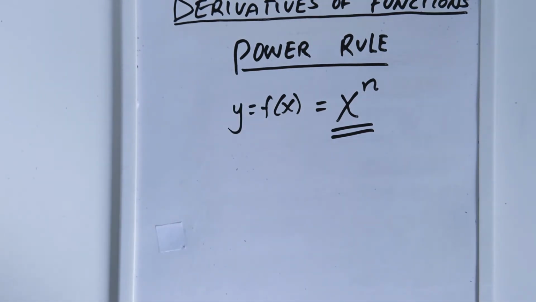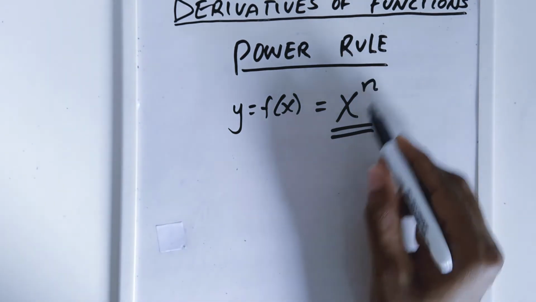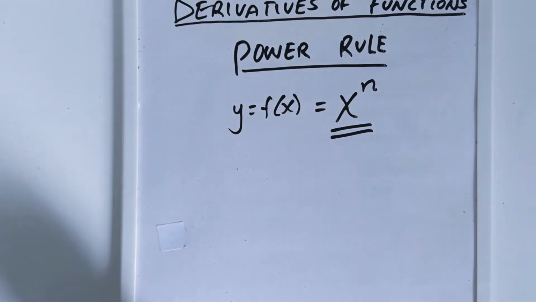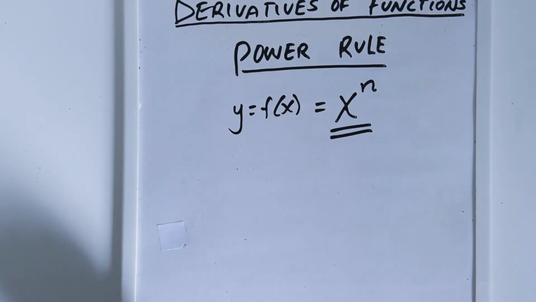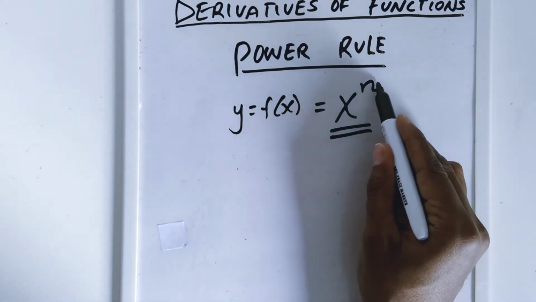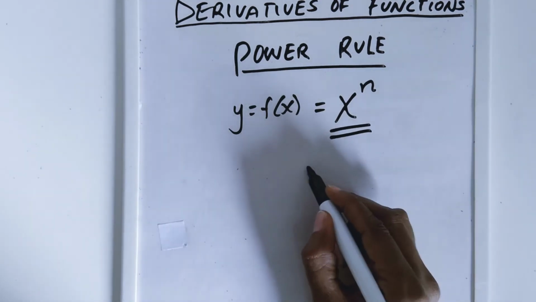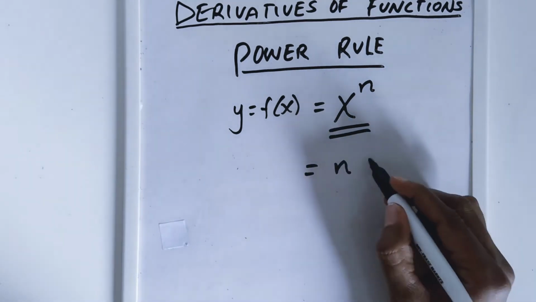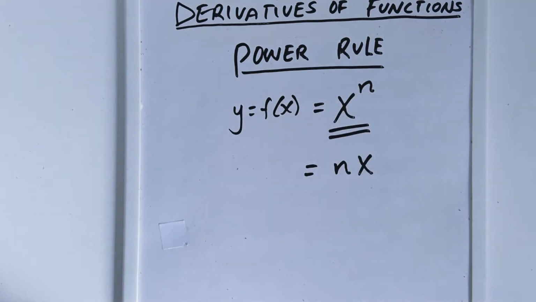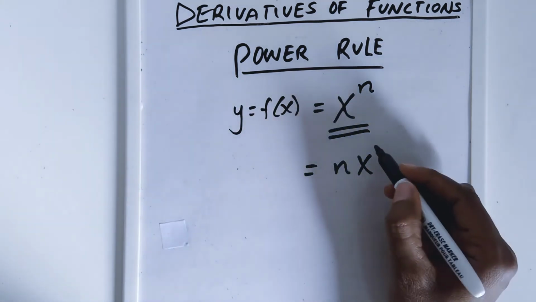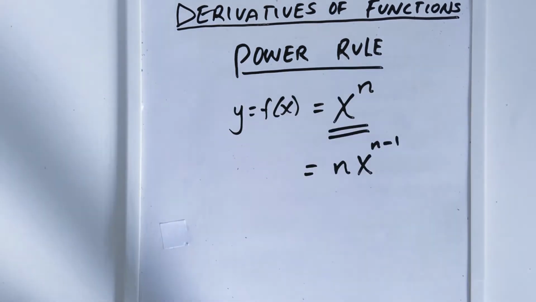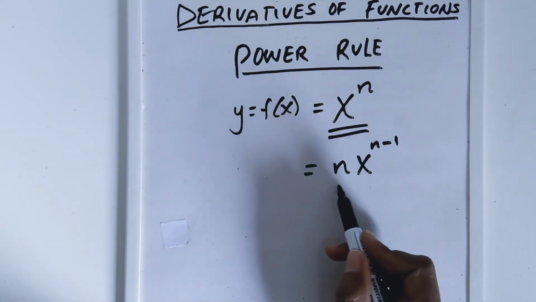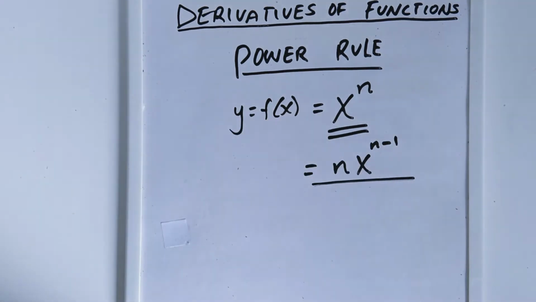What the power rule states is, you take the power, you drop the power and put it in front of the variable x as a coefficient and reduce the power by 1. Let me write that down. So you bring n down, because that's the power, multiply it with the variable x, and reduce the power by 1. So it was n, you reduce it by 1. So generally, this is the definition of the power rule.